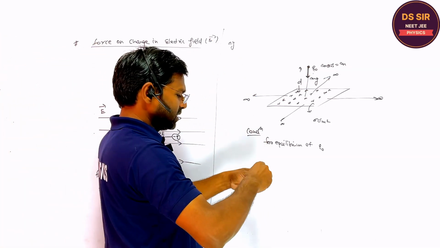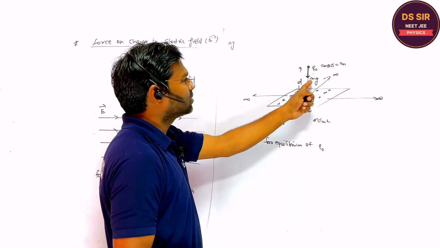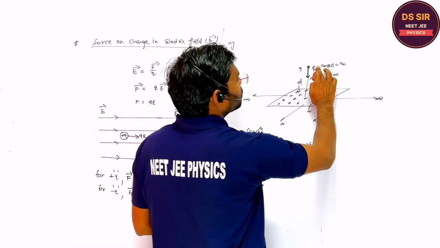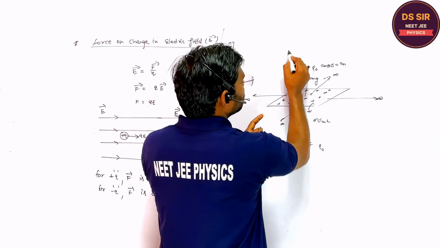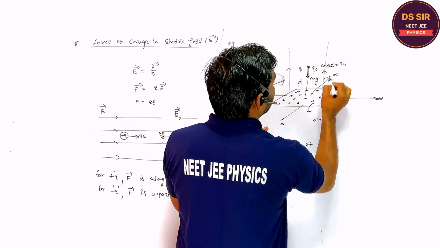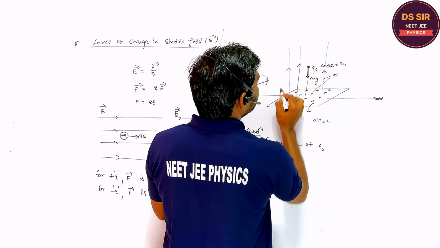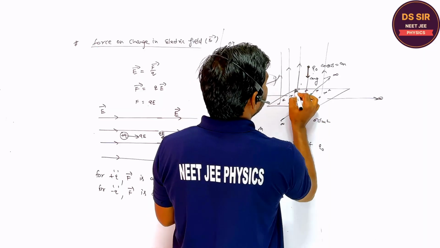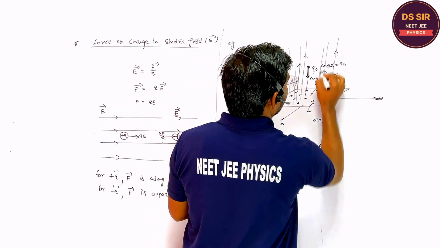If you leave this charge, it will fall down because of this mg, but the charge is Q naught over here, and this is the surface charge density. Because of this surface charge density, the electric field will be produced in the vertical upward direction.